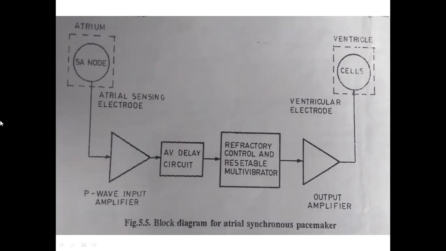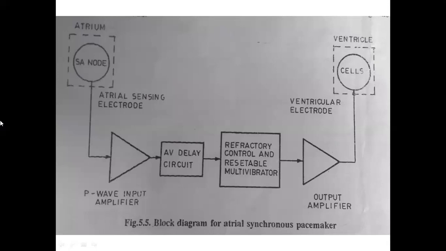It is used for stress testing and to find coronary artery diseases. It has also been used to terminate atrial flutter and paroxysmal atrial tachycardia. It can act as a temporary pacemaker for atrial fibrillation.